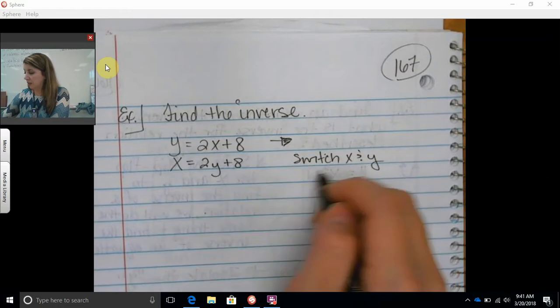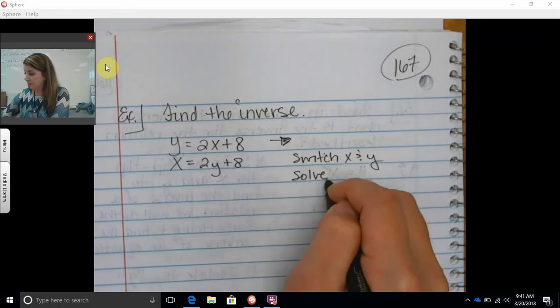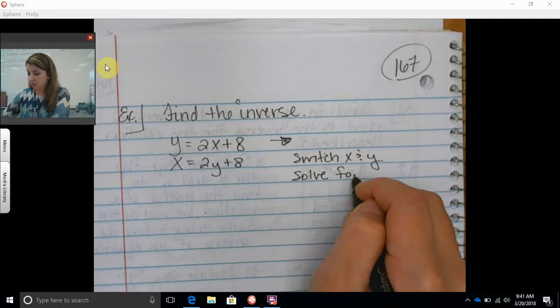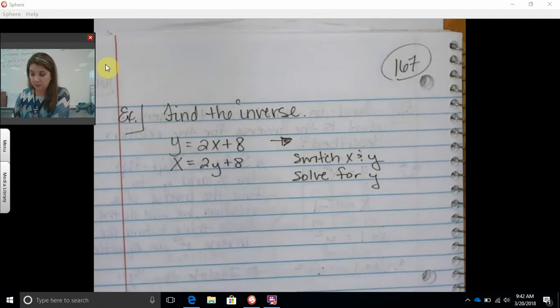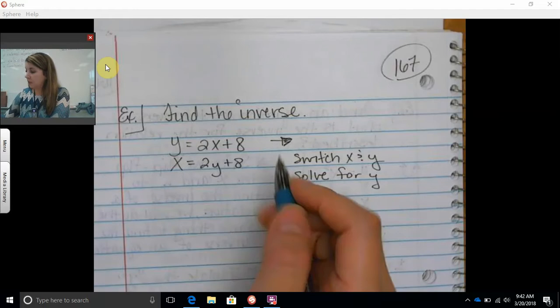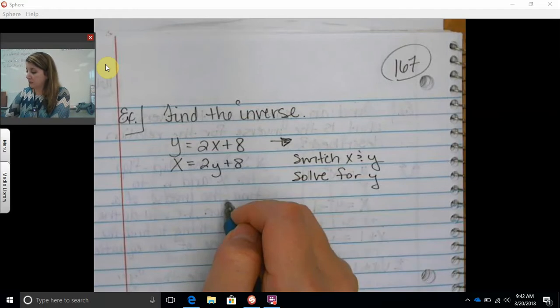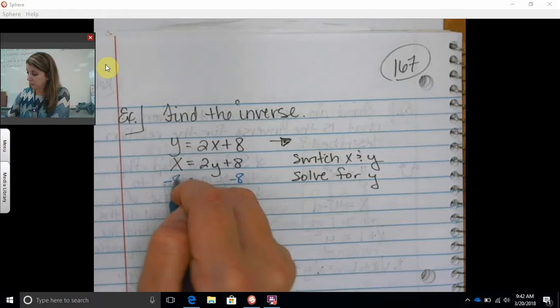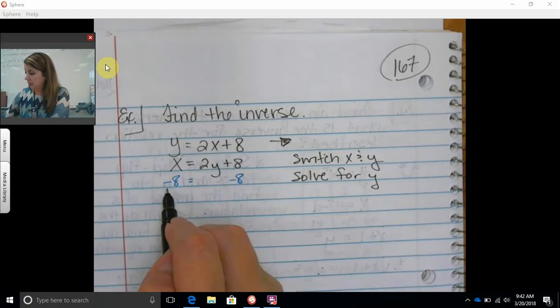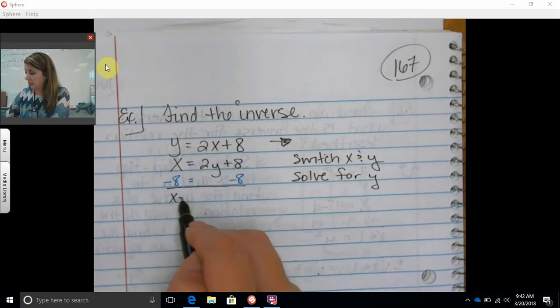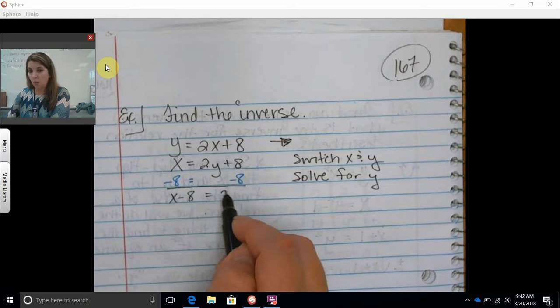Yeah, I need to solve for y, or isolate the y, however you want to say it. So in this case, what will I do first? Subtract 8 from both sides. And I get x minus 8 equals y.